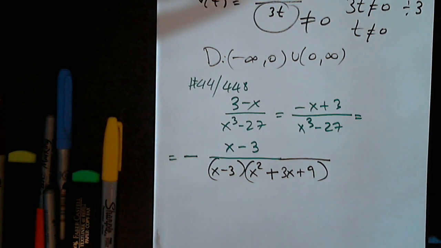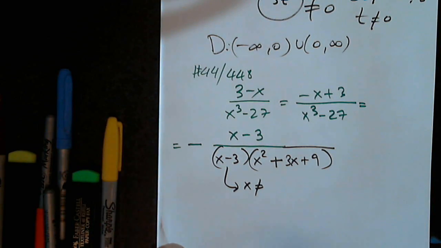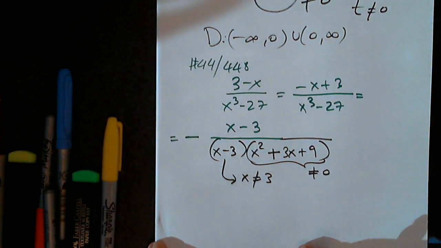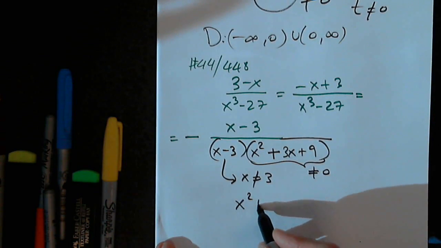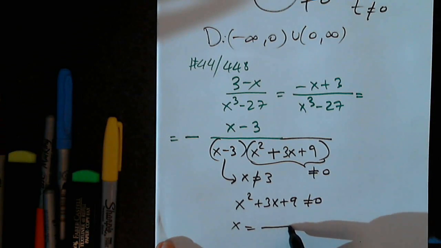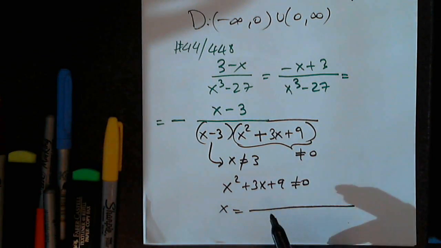Good. So then I have to write two restrictions. What is the restriction for this? x not equal 3. Good. Now, you can say this cannot be equal to 0. Let's try. When I write x squared plus 3x plus 9 not equal 0, I will use the quadratic formula. How do I start the quadratic formula?